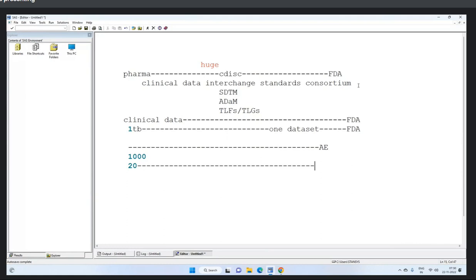Now, during the clinical trial, whenever the subject comes to the clinical site for a visit, every time I will collect the vital signs. Do you know what is meant by vital signs? Anybody?